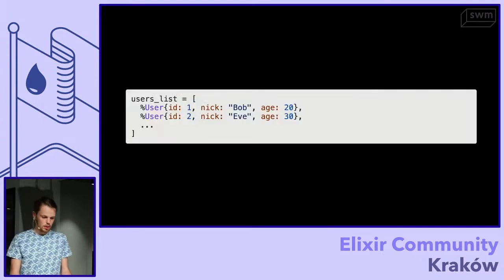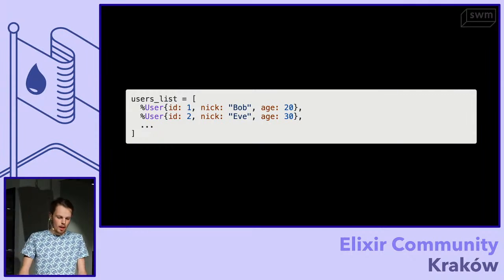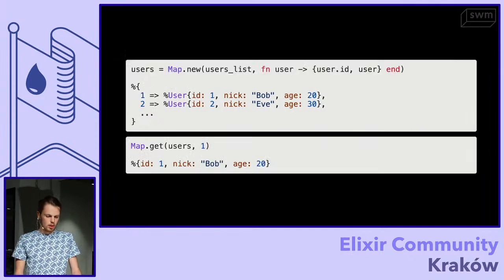So let me start with an example. Let's say we have a list of users. This actually can be a list of anything that can be identified. So here we have an ID. And we convert that list to a map, where the keys are the IDs and the values are users, so that we can easily access users by the ID, like here.